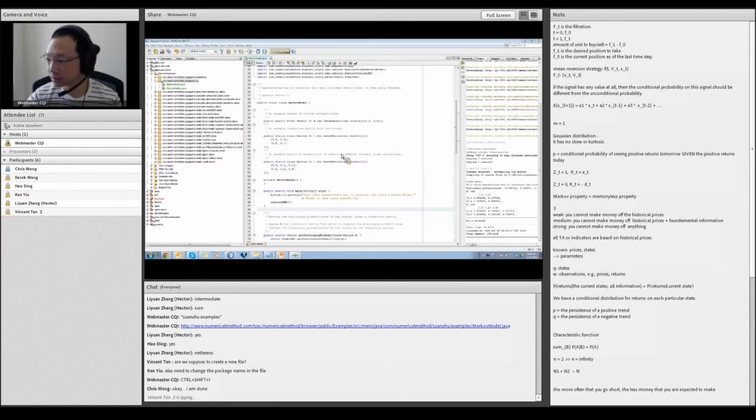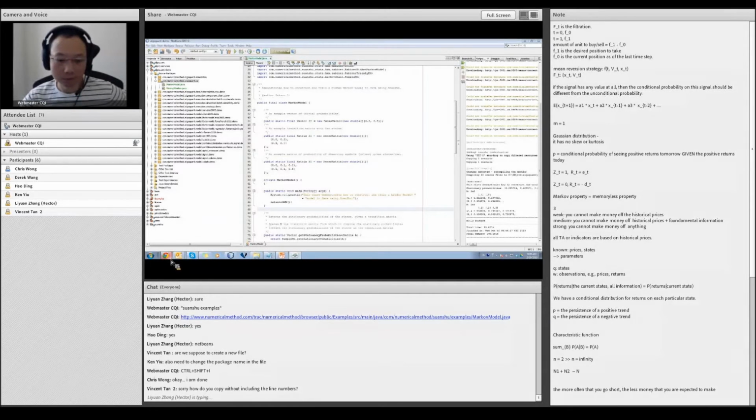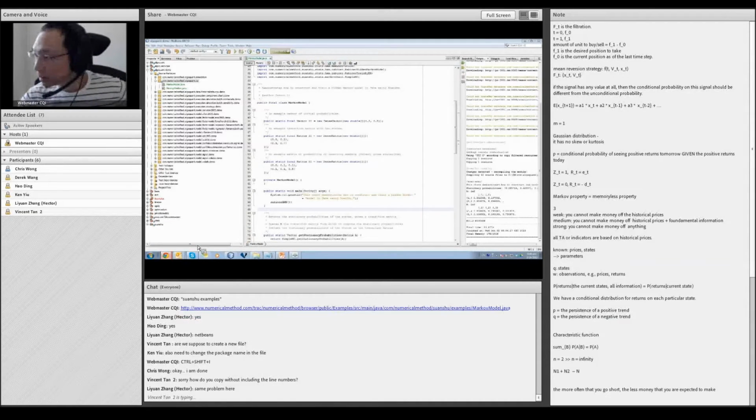I think they have a way for you to download. If you scroll to the bottom, it says plain text and original format. If you hit original format, you can just download the original Java code. If you hit plain text, you can download it as a text too.